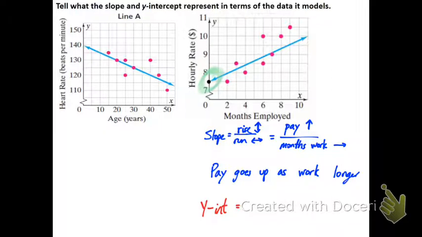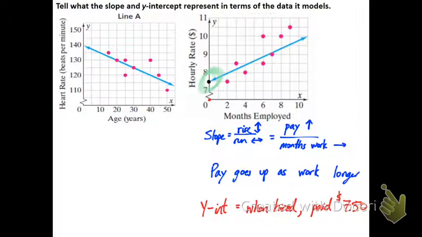When I'm talking about my y-intercept, I'm talking about the beginning. So when my x is 0, so when my months employed are 0, again, try to come up with common sense verbiage for that. So when I am hired, I get paid, what is it, $7.50? Yeah. There you go. Okay.